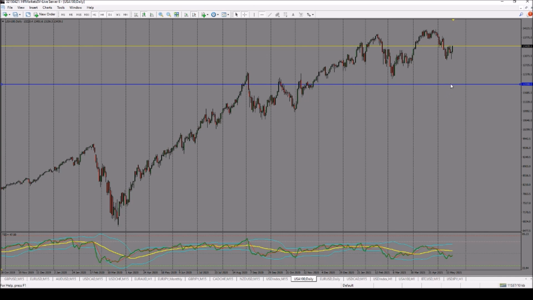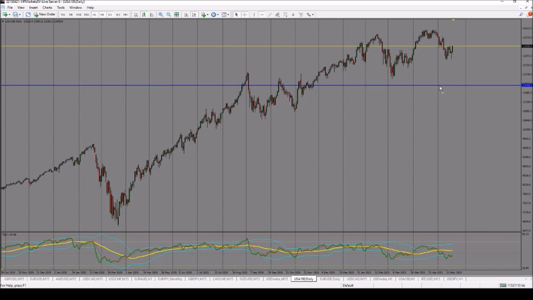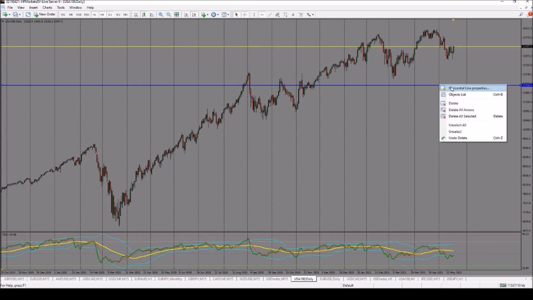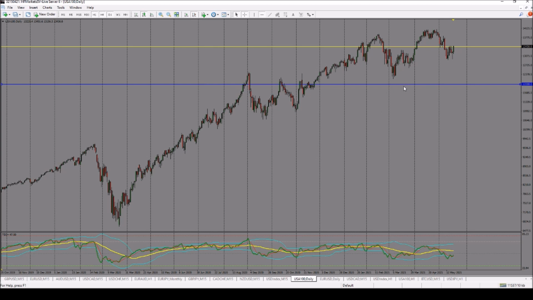Sorry about that, let me correct the value. 12,000. Right, so from 12,000, that becomes our datum. And from that, we start to increment with 500.